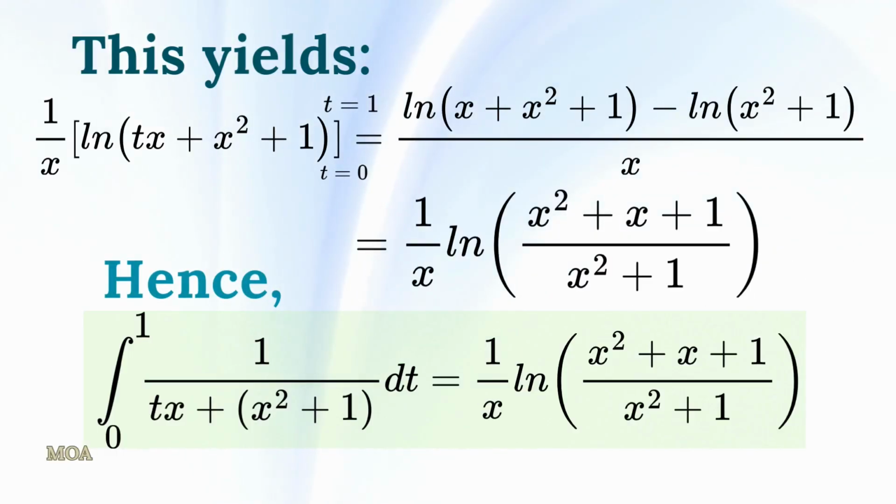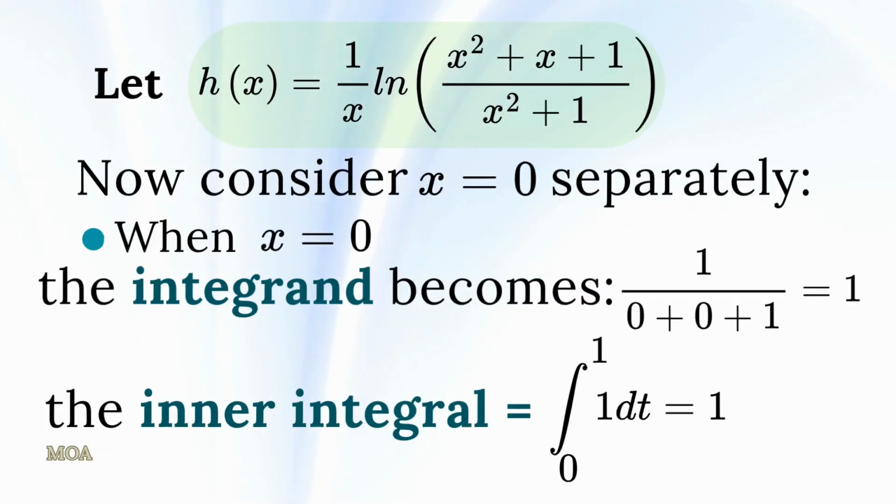Then, using the properties of the logarithm, the inner integral evaluates to 1 over x times the natural logarithm of the quotient x squared plus x plus 1 divided by x squared plus 1. Let h of x equal 1 over x times the natural logarithm of the quotient x squared plus x plus 1 divided by x squared plus 1.